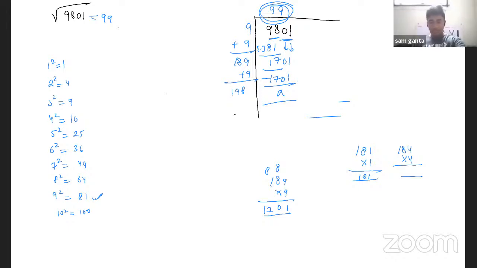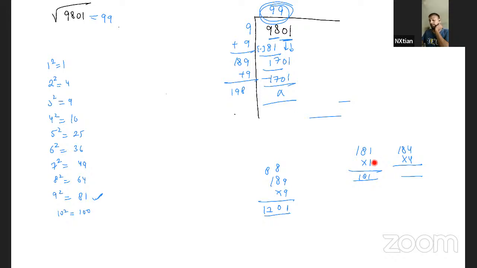The 9 which I multiplied here, I added here also, so 9 plus 9 is 18. Now, for example, I asked Jehovan to choose any number from 1 to 9. He chose 1, so it becomes 181 multiplied by 1.